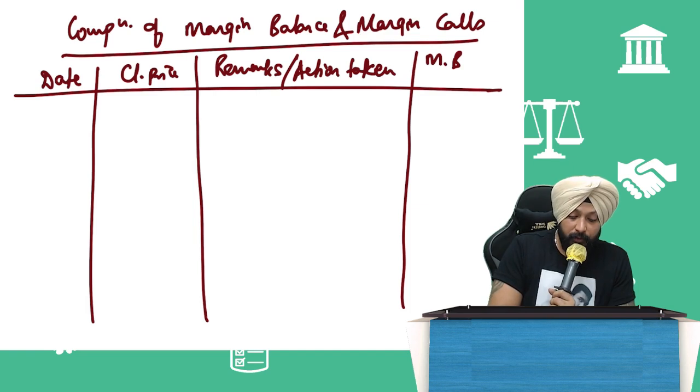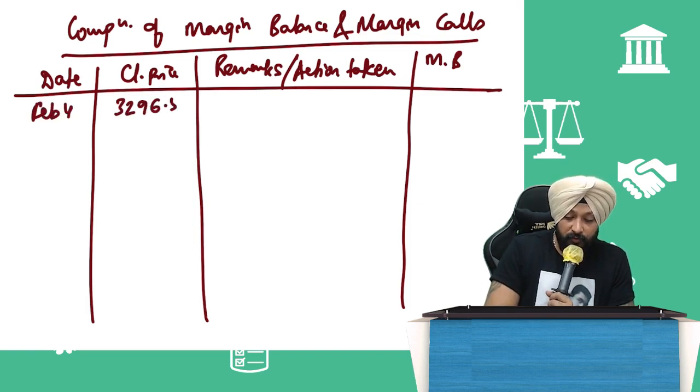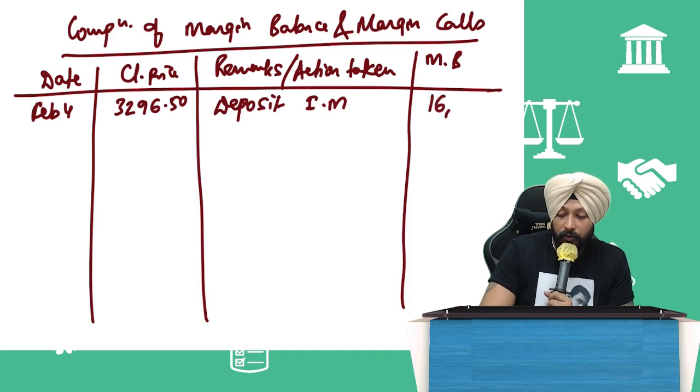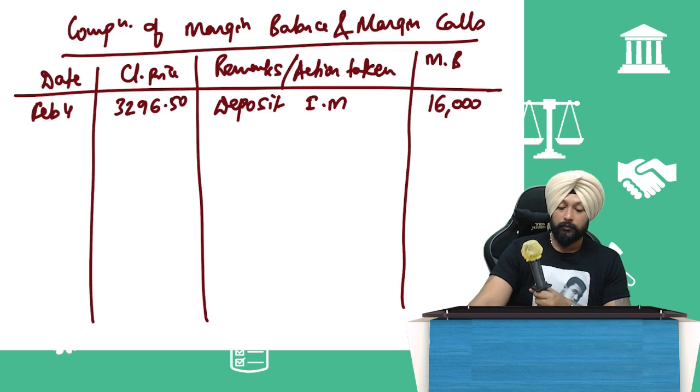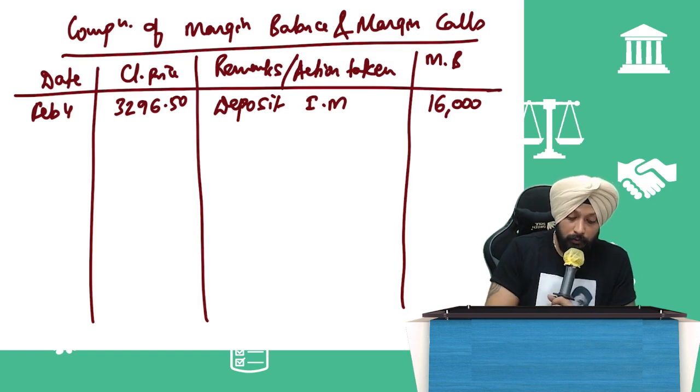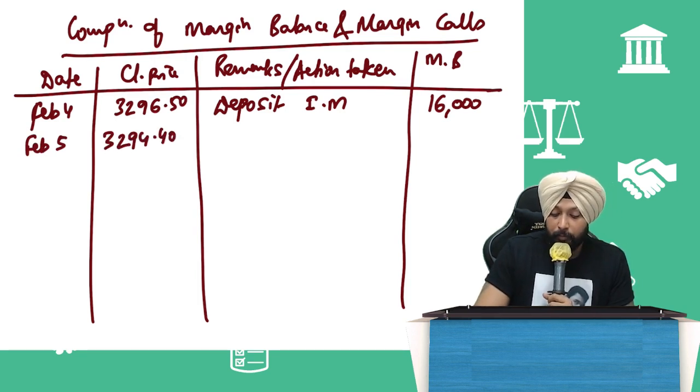So we start on February 4. 3296.50 was the closing on that day. What action do we have to take? We have to deposit initial margin to initiate this contract, and your balance will show as 16,000. Next day, the price becomes 3294.40.